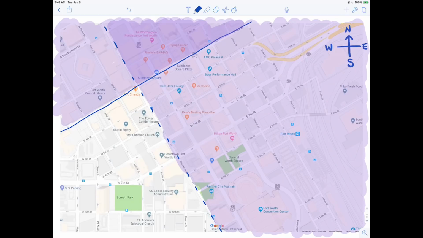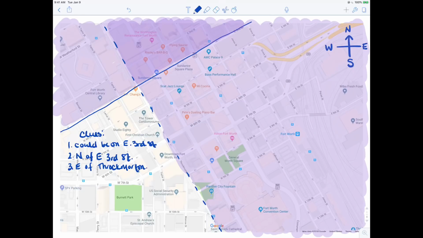But what fulfills all the clues is that I could be on East 3rd Street, that I'm somewhere north of East 3rd Street, and I'm somewhere east of Throckmorton, right, but not on Throckmorton.